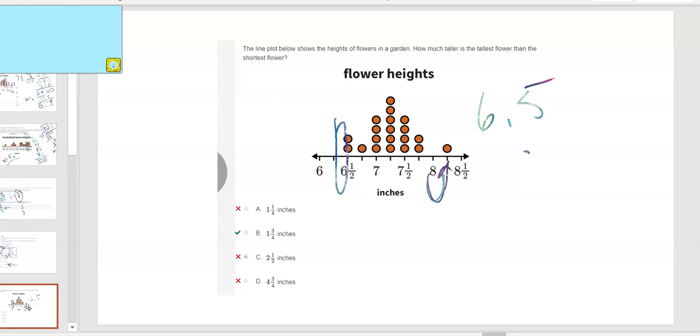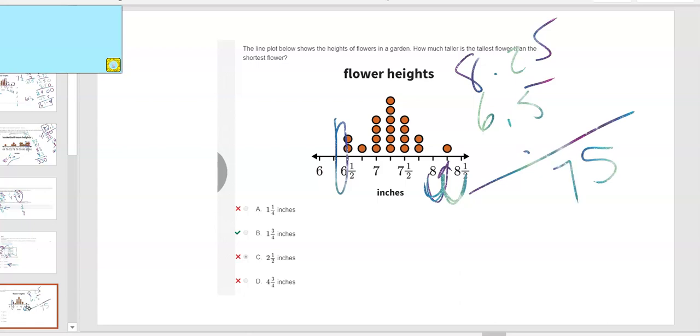So there's 8 1/4, 8 1/2. So it's 8.25. We took away from that one. 1.75 is the same as 1 3/4.